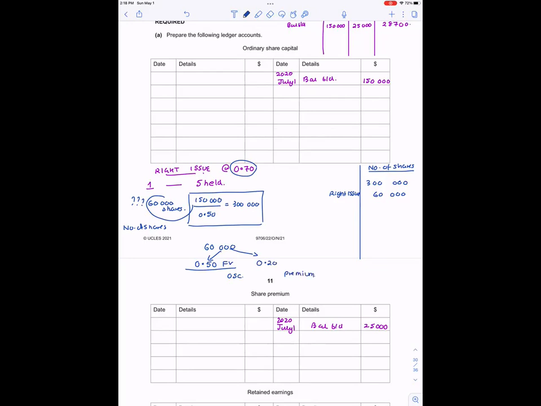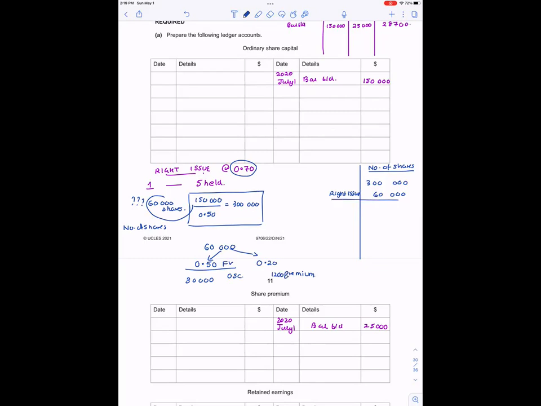So multiply it and see. 60,000 into 0.5 gives you 30,000, and 60,000 into 0.2 gives you 12,000. Are you all with me?